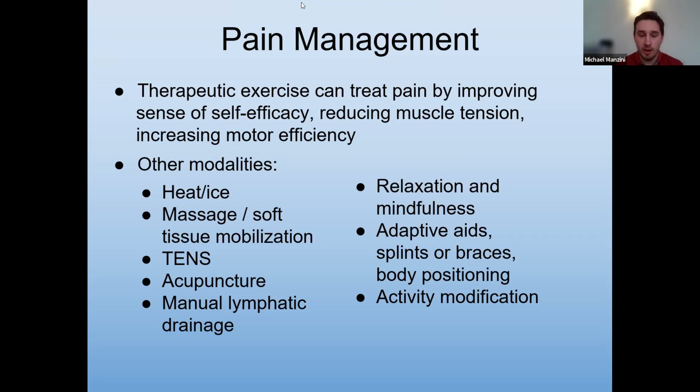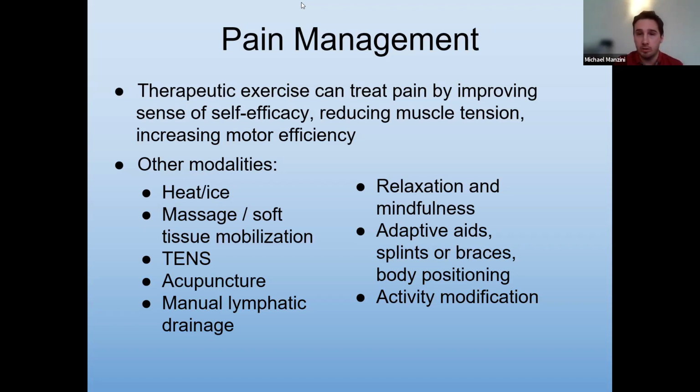Yeah, another role I play around pain management is really involving the modification of activity. In the case where certain movements of a task, say getting dressed, is a source of pain, can we eliminate those movements? Can we compensate with equipment or adaptive aids to be able to perform these activities in a way that doesn't cause pain?